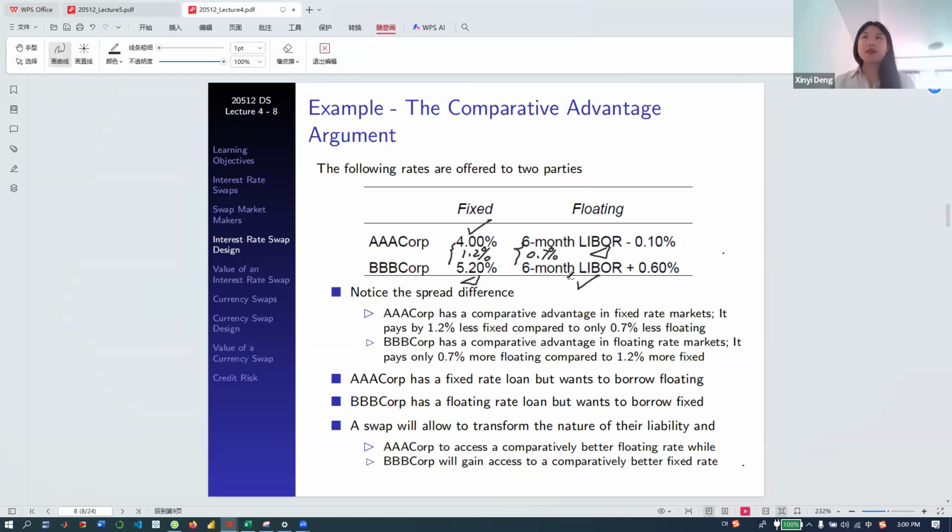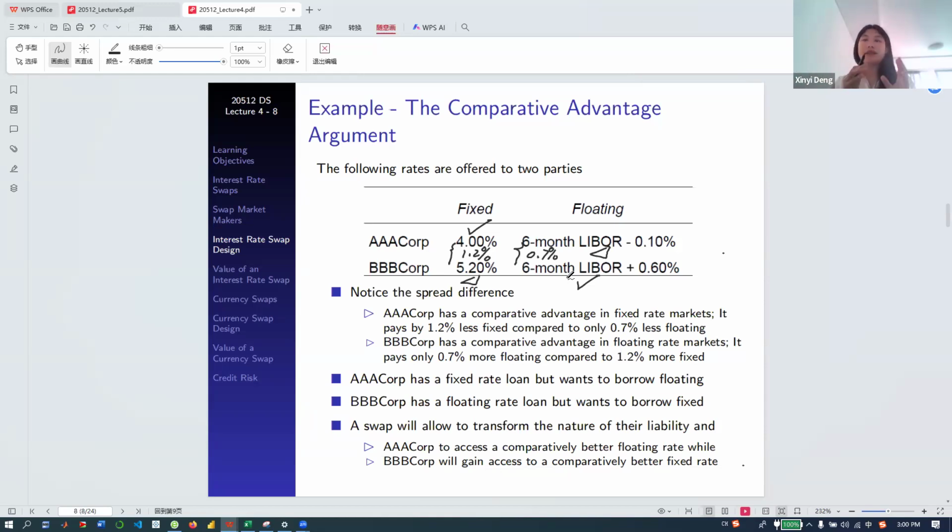Then they are going to exchange cash flows via the swap. BBB Corp is going to pay the fixed cash flow to AAA Corp, and AAA Corp is going to pay the floating cash flow to BBB Corp.